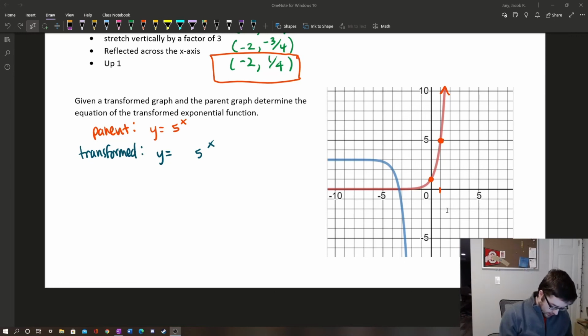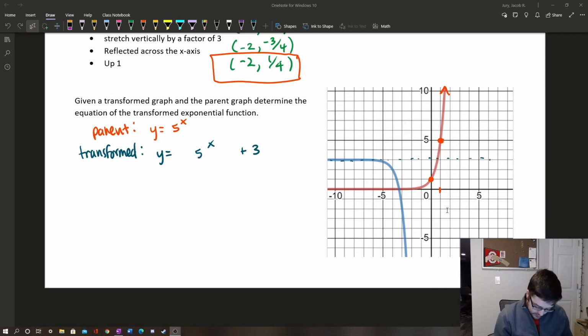So we'll have a negative there. Does it look like it's stretched out anymore? Well, we're not quite sure. We do know that the horizontal asymptote is going to be at positive 3. So we've definitely shifted this thing up 3 and then reflected it.